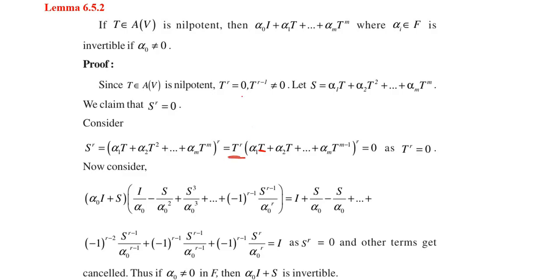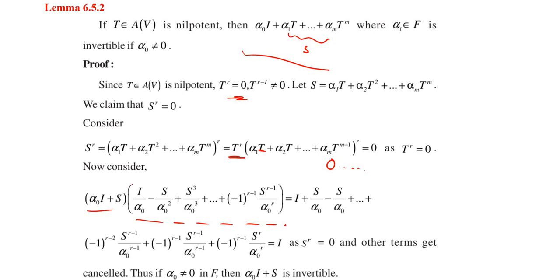Because T power r is 0 from here, you have the 0 transformation times some other transformation, which naturally gives you the 0 transformation. Now, this step is to be remembered. That is, you are considering the whole lot as S. That means you have the entire expression to be just alpha naught I plus S.